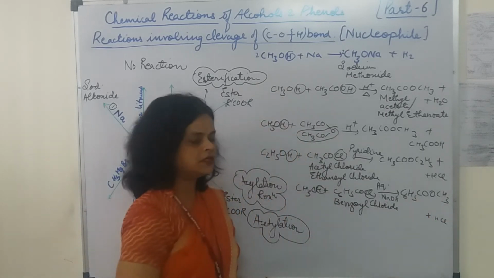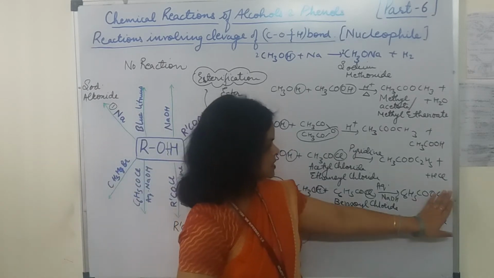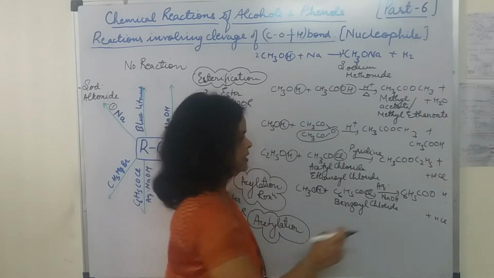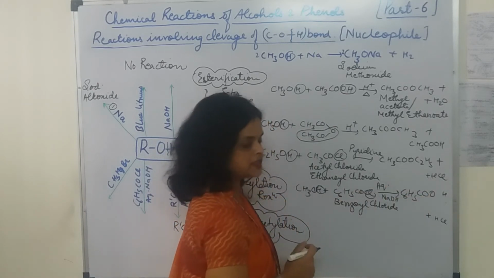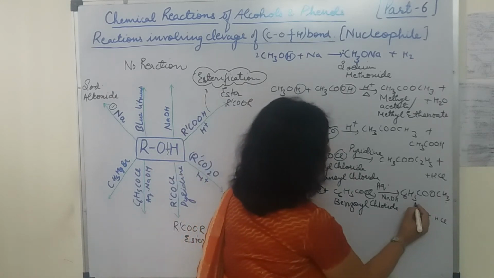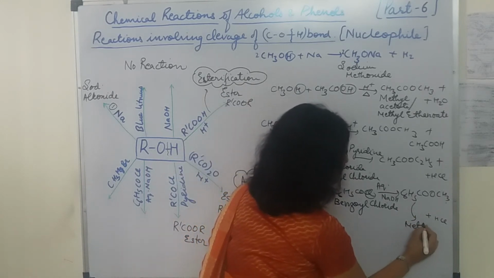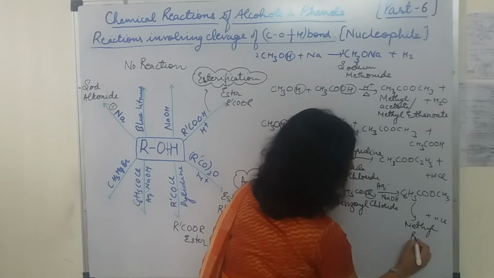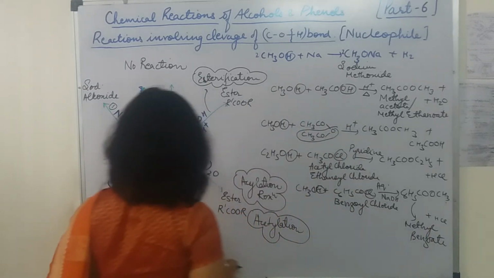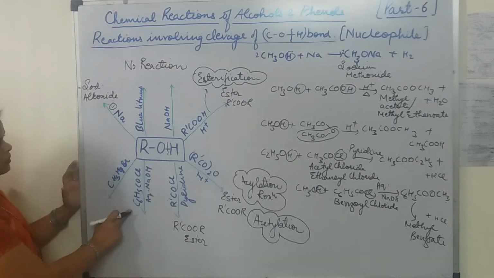Now what is the name of this product, students? Suppose if there is no CH3 group and is only H, that is benzoic acid. But if H is replaced by methyl, then the name will be methyl benzoate. Okay, so here we will write down the product according to this.